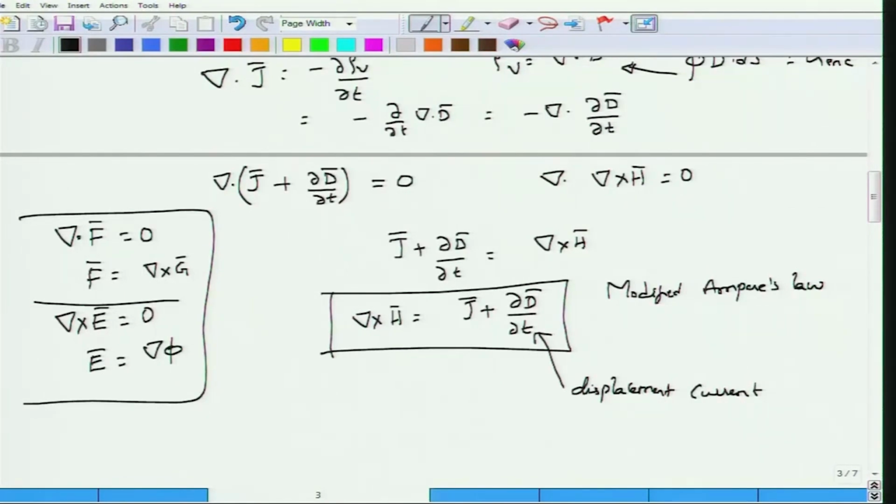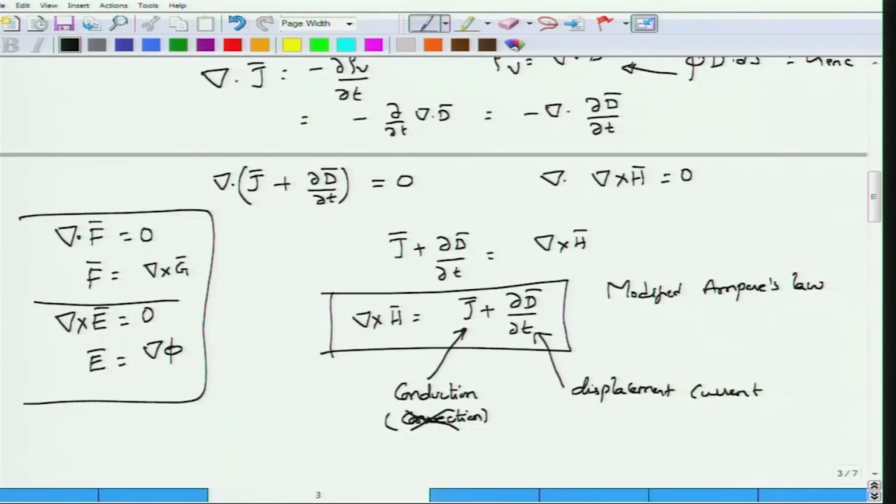In earlier Maxwell's time, D was called displacement vector, and this del D by del t performs exactly the same function as the regular current density J would do, right. In order to distinguish between this and displacement current, we sometimes call J conduction current, or it could also sometimes be convection current, although we are not really going to consider convection currents in our course. So we have two currents now.